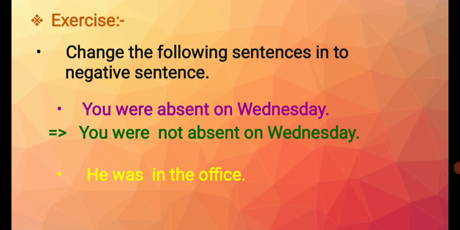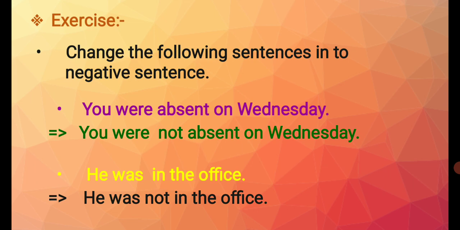What is the helping verb in the sentence? Yes, was is there. Now if we want to make this sentence in a negative form, then what can we do? Yes, we use not with was. So what will be the answer? He was not in the office will be the answer. I hope you understand how to make a negative sentence with the helping verbs, right?